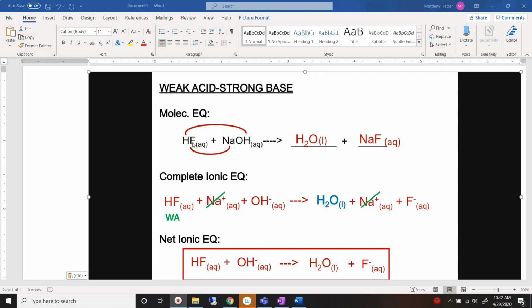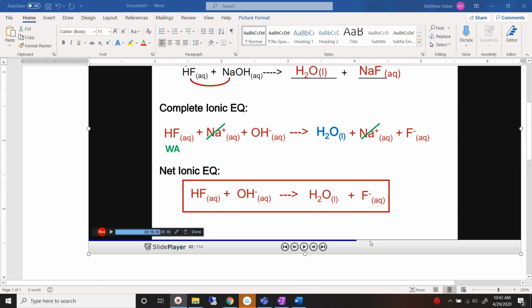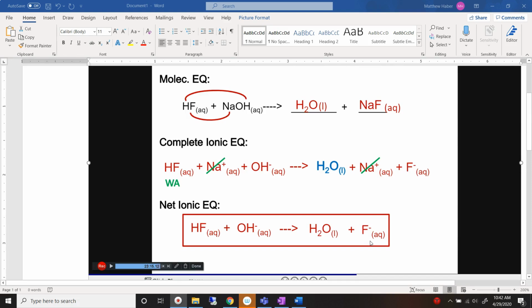And so for weak acids, when you're asked to write the total ionic equation, even if you have the state symbol aq, you do not break that apart into ions, because remember, it's not guaranteed that it will dissociate completely into ions. The same holds true for weak bases. If you have ammonia in there, you can't break it apart into ions. I hope that makes sense. And so if you write the net ionic equation, we cancel the ions that can be found on both sides of the equation, leaving you with this as your final equation, the net ionic equation.